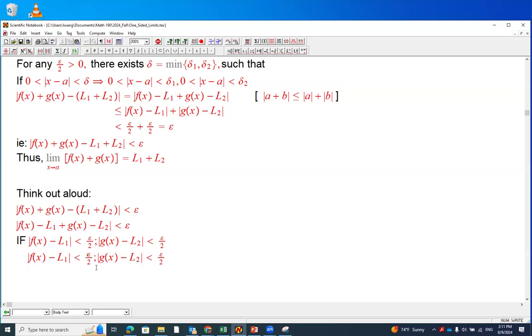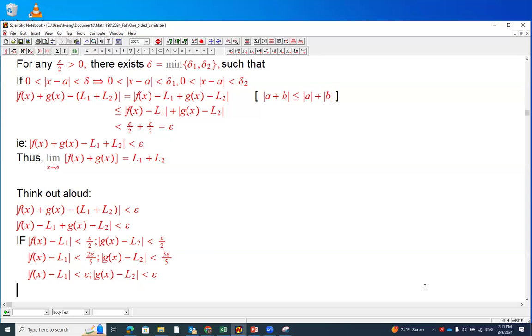You can do 2/5 of epsilon, 3/5 of epsilon, or you can just keep your epsilon. That's okay as well, because in the end, you get this difference less than 2 times epsilon. That still proves it, right? So all of these options work.